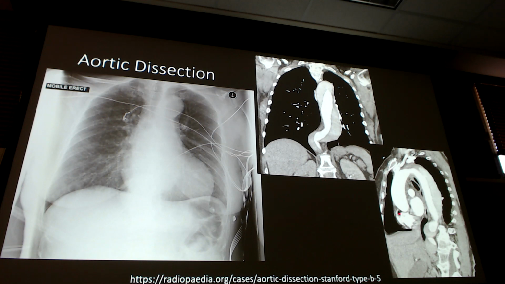And what you're seeing primarily here on my sagittal view, the bright white is the main part of the aorta. That's the main aorta. What you're seeing behind it is one of the layers of the aortic wall; there are 3 wall layers to that aorta. One of those layers, from the pressure, got a small tear in it.